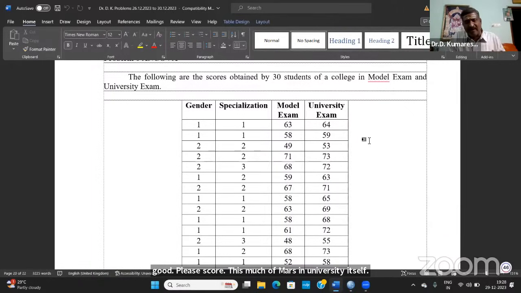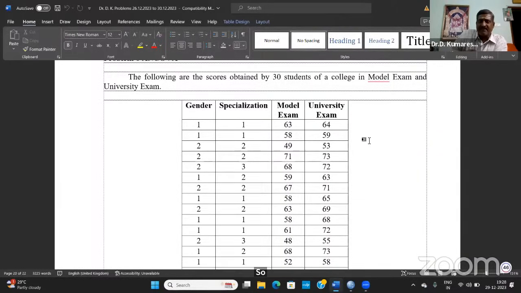So based on model exam marks, we suggest them or we offer additional coaching to the students for performing better in the university. So the model exam is a criterion to assume the scores to be obtained in the university exam.